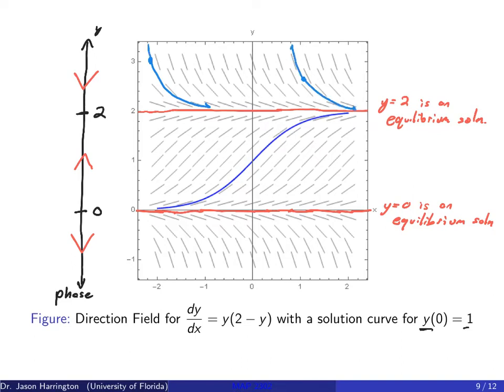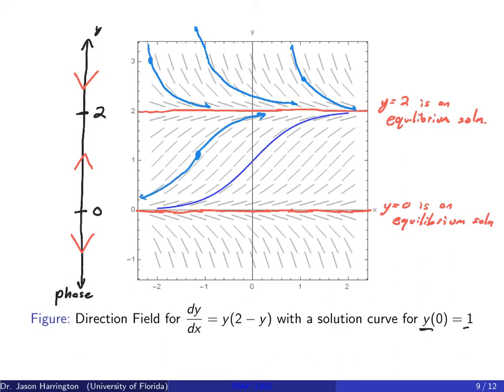So any number that I pick above 2, even if I pick something that's maybe off the map, you can't even see it, I know for a fact it's going to be decreasing and getting closer and closer to the equilibrium solution. Now similarly, anything between 0 and 2, if I were to pick (-1, 1) right here, I would see that that would be increasing to the equilibrium solution.